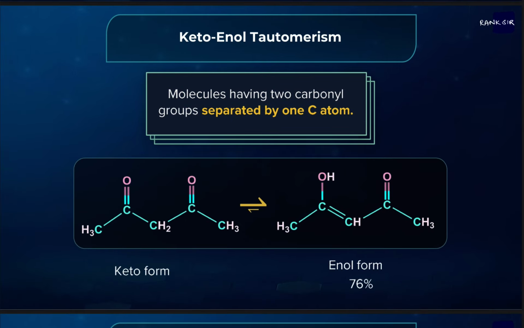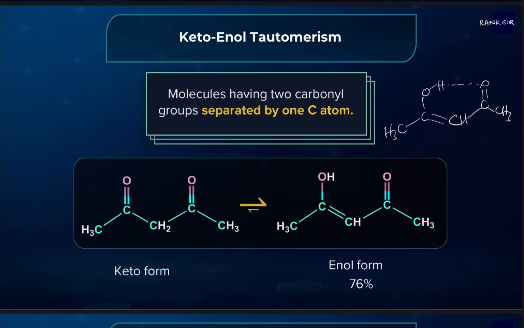Next. Keto-enol tautomerism in molecules having two carbonyl groups separated by one carbon. That is called a 1,3-diketone. This is 1, this is 2, this is 3. That is what is called a 1,3-diketone. This keto form again has the same hydrogen bond. I will explain here: CH3, C-O-H, double bond, CH, C=O, CH3.